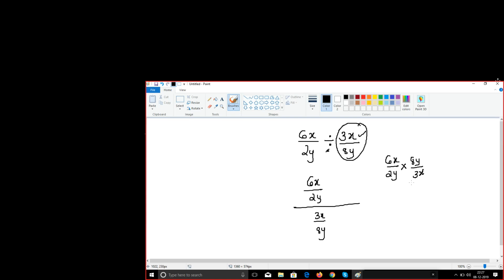Clear? Okay. So it gets cancelled out. This will give you 2, and this gets cancelled out, this will give you 4. So the final answer is 8. So this is the division of the fractions.